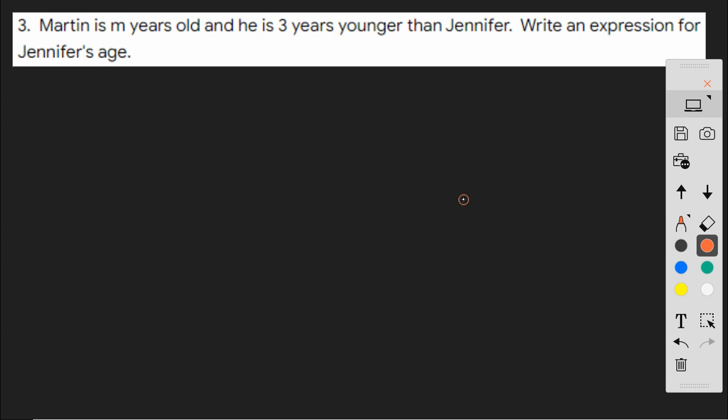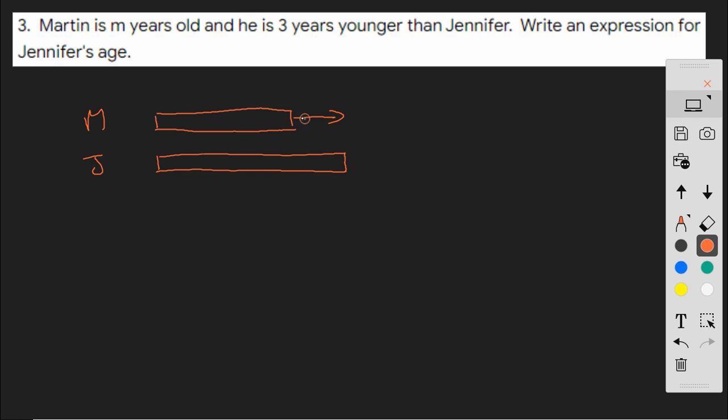Okay, let's have a look at question 3. So Martin is how old Martin is, and he is younger than Jennifer by 3 years.